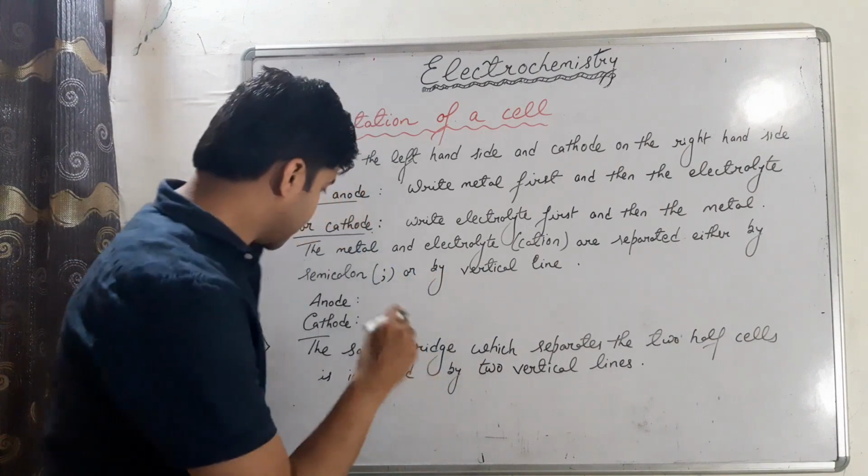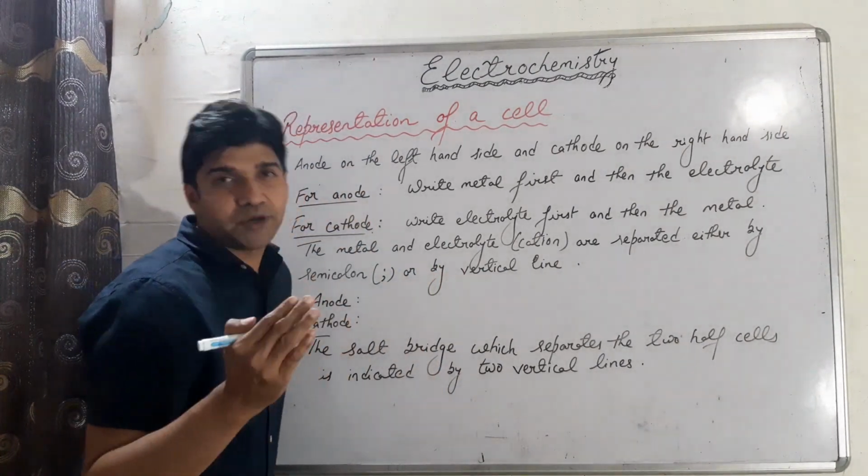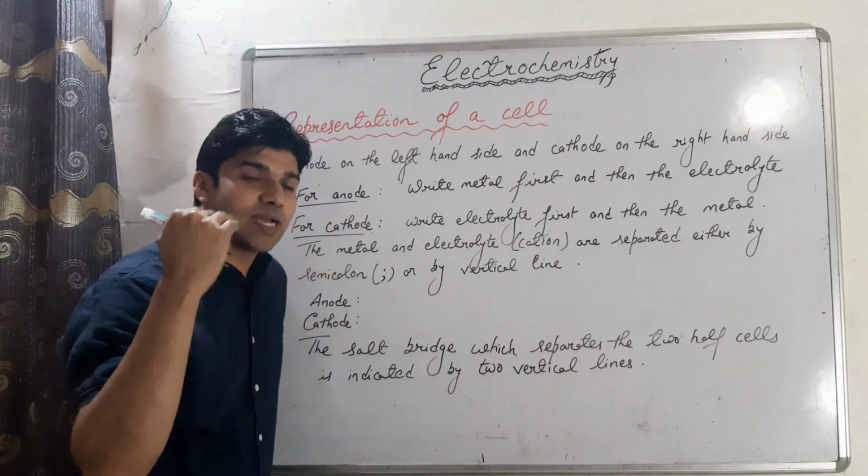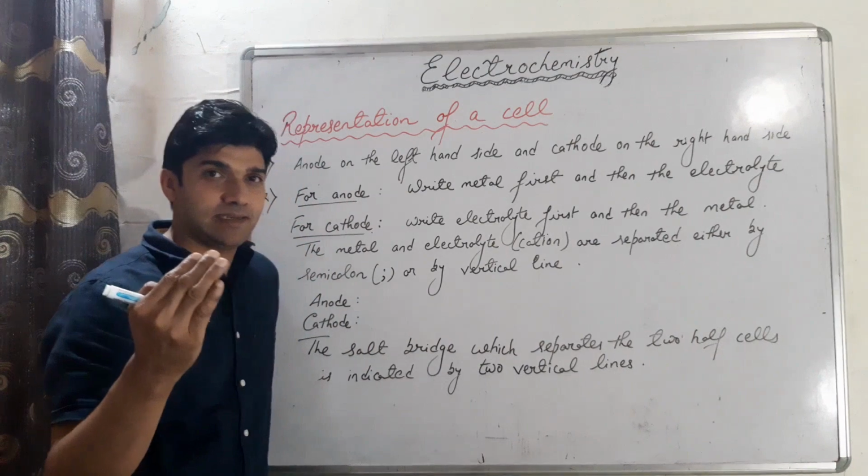Example लेते हैं. So for anode, हम पहले क्या लिखते हैं? पहले metal, फिर उसका electrolyte. Suppose we have a Daniel cell.